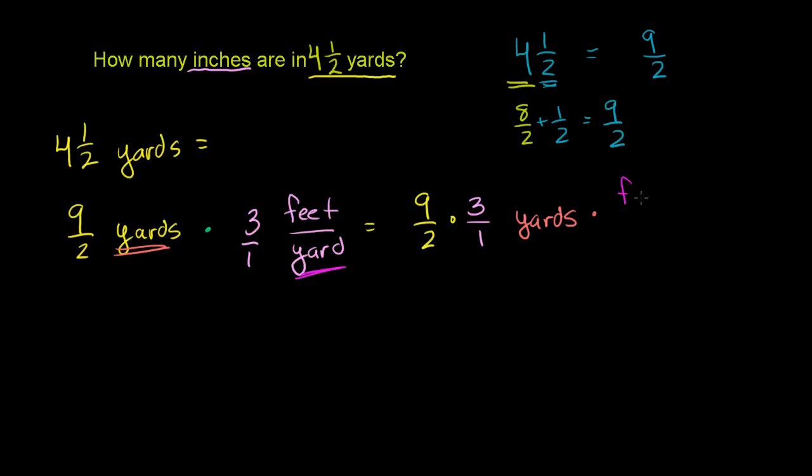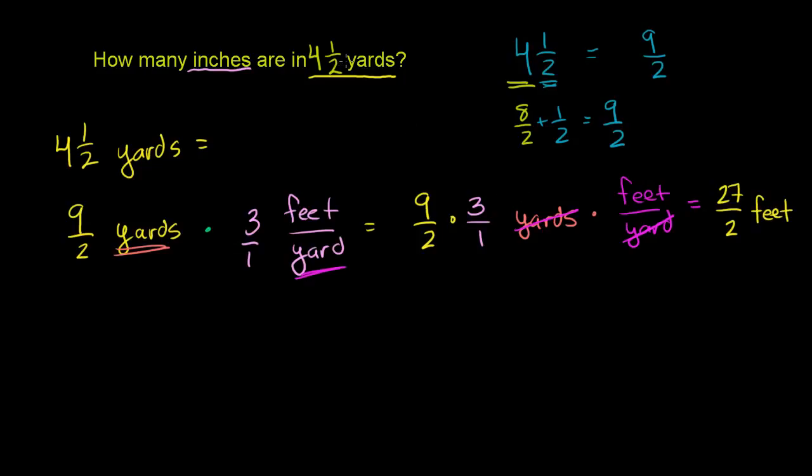I'll do the yards in orange, and the feet per yard in purple. The yards cancel out. And you are left with 9 times 3, which is equal to 27 over 2. 27 over 2 feet.